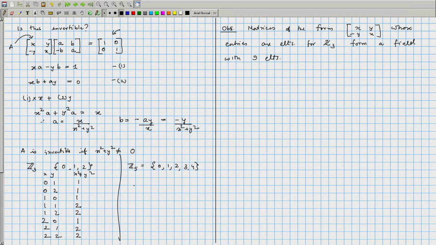But here, if we take x square plus y square, if you take 2 and 1, so 2 square plus 1 square, that is equal to 0. So, if we take elements from Z5, they do not form a field. So, we will probably have to explore other methods to come up with fields of size 25.